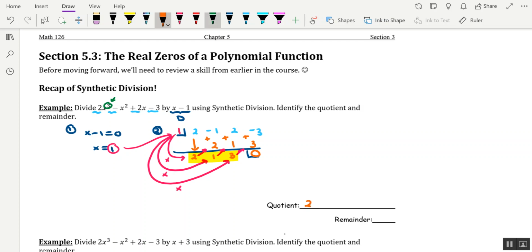So that first coefficient is going to go in front of x squared. The second coefficient will go in front of x. And then the third coefficient will be the constant term of this quotient. And our remainder is 0.